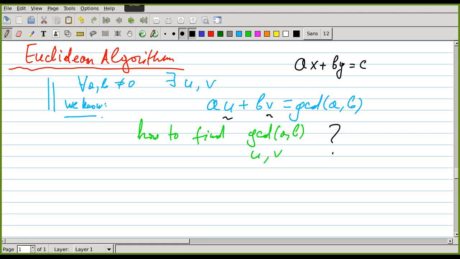And practically, it is a very hard problem for big numbers. For big integers, it is very hard to factorize them. But fortunately, there is a better way to do so.